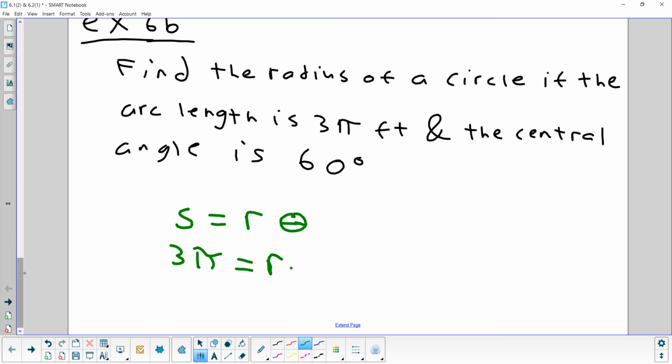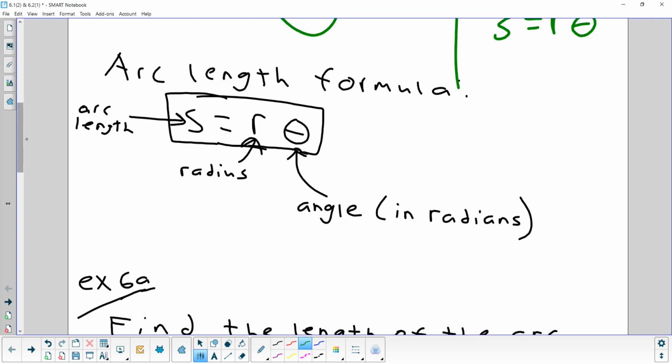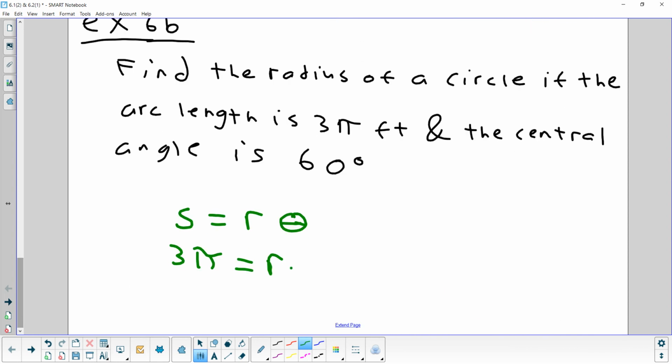Has to be in radians, and that's what I wrote right there. So, how do we change 60 degrees to radians? What do I multiply by? Pi over 180. And when you reduce that, you're going to get pi divided by 3.